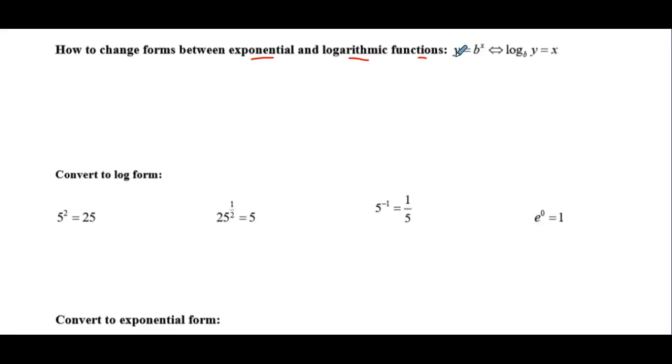So as you see here, if I'm given a function y equals b to the x power, what I can do here is change this so that it's in log form by taking the log of both sides. So if I say log base b of y equals log base b of b to the x, what have I done here?